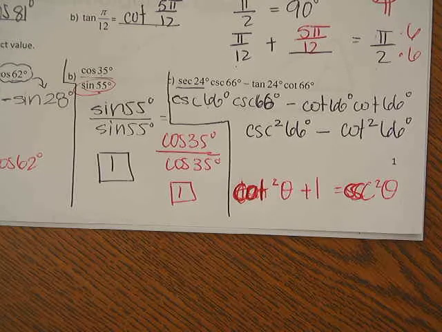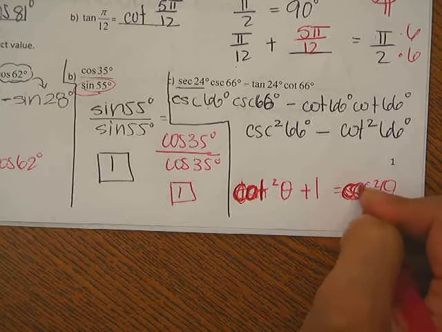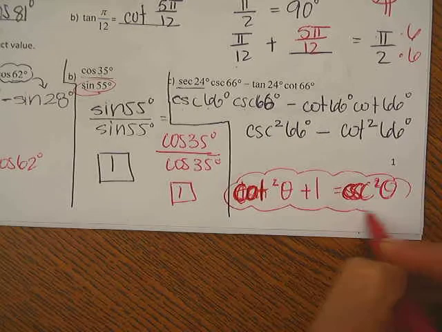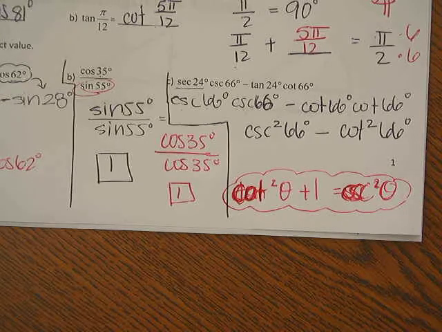I'm so sorry, I'm writing, it's such a mess. And how do I know this? This is one of the Pythagorean identities that you were required to memorize.